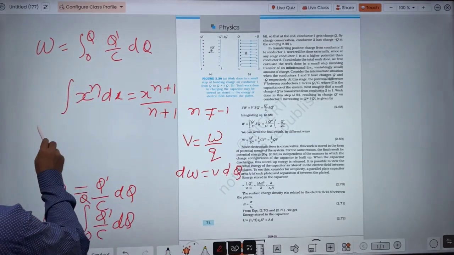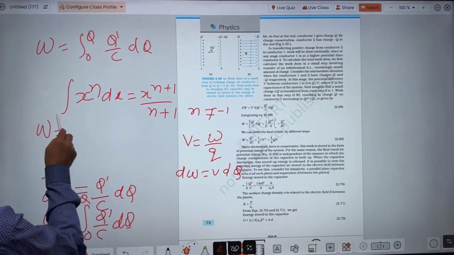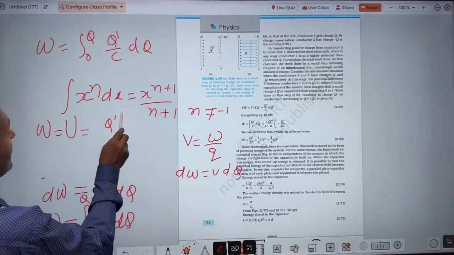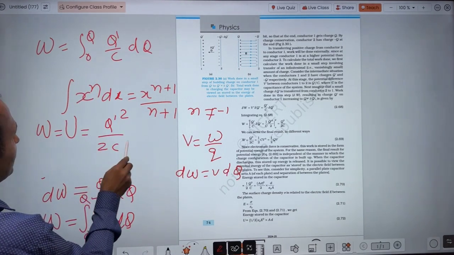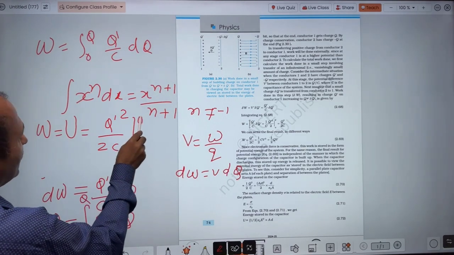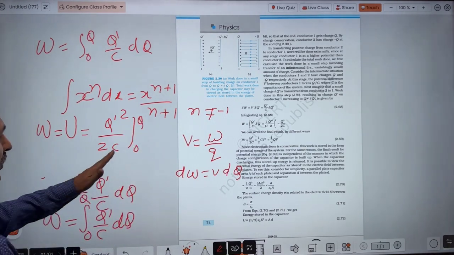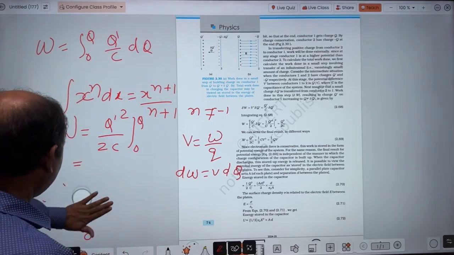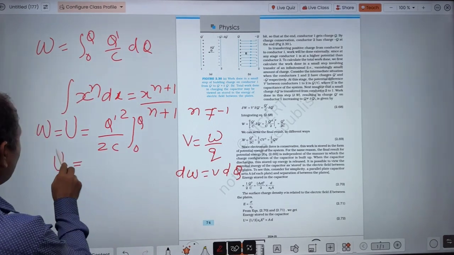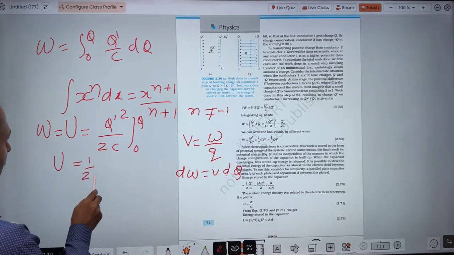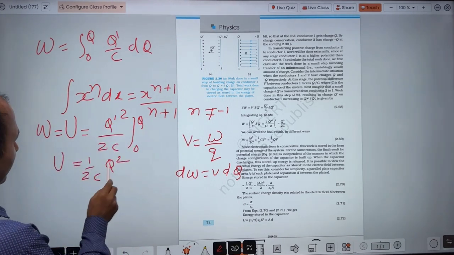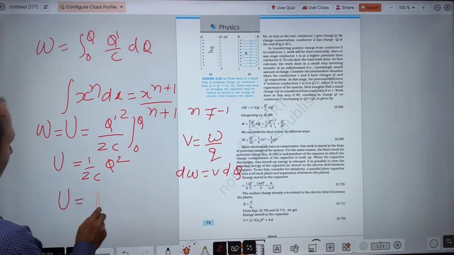So same thing we can apply here. W we can write it as energy. So this will become Q dash square divided by 2C, limits 0 to Q. Here 2C is constant, you can keep it outside. So potential energy U will be equal to 1 upon 2C. Here put the limits, just Q, so this will become Q square. So you have got U equal to Q square upon 2C.